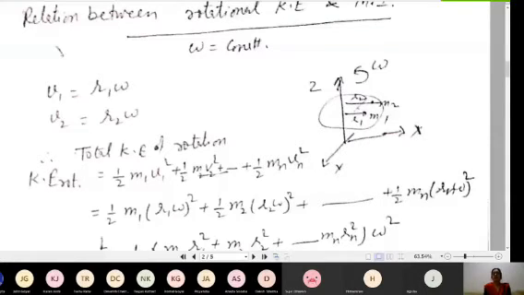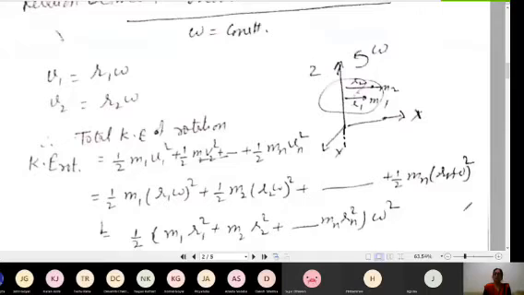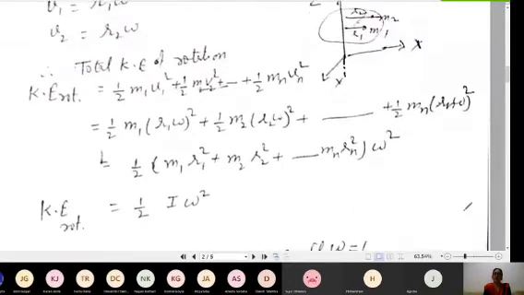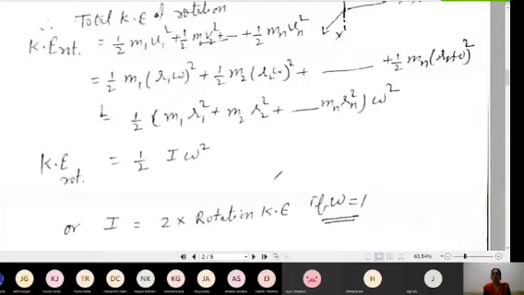Then the total kinetic energy of rotation is half m1 v1 squared plus half m2 v2 squared and so on for n particles, and you simply replace v by r omega: for the first particle r1 omega, for the second particle r2 omega, and so on. So you can derive the relation: rotational kinetic energy equals half I omega squared.